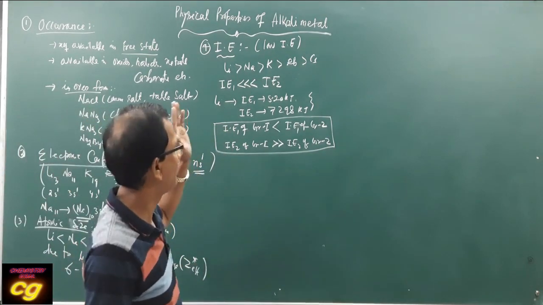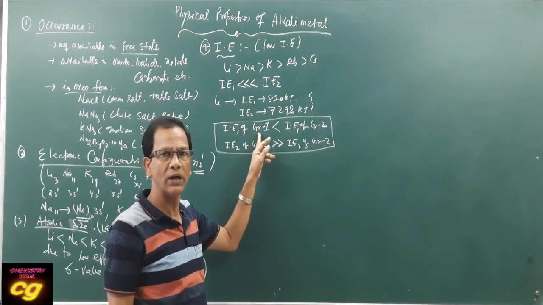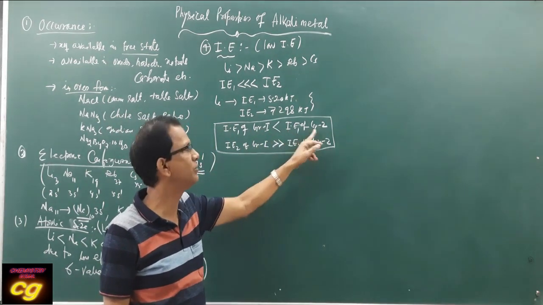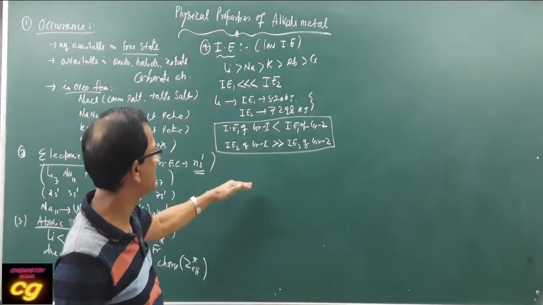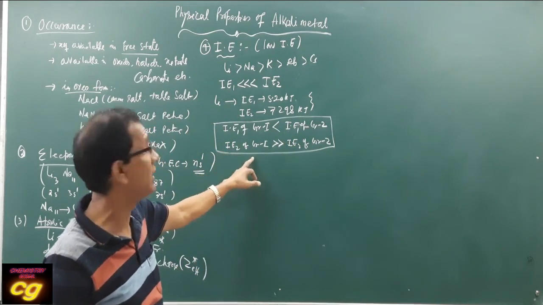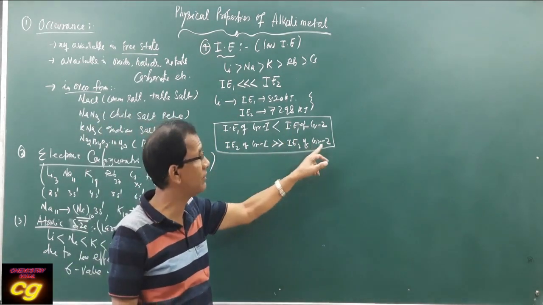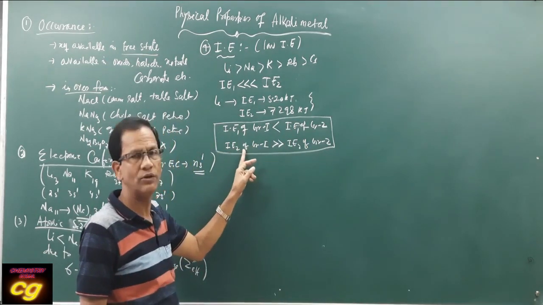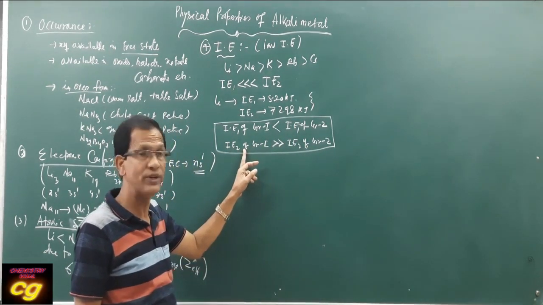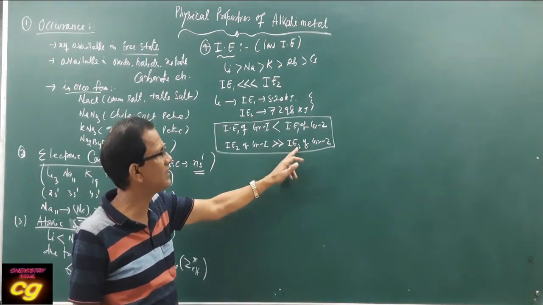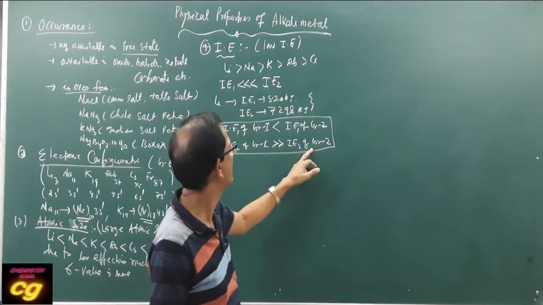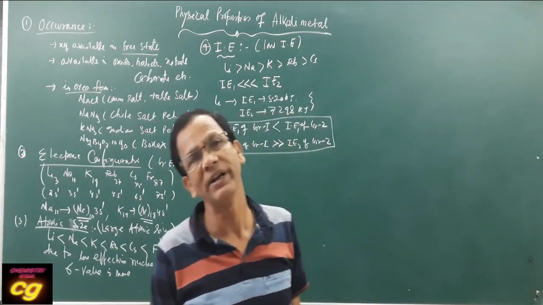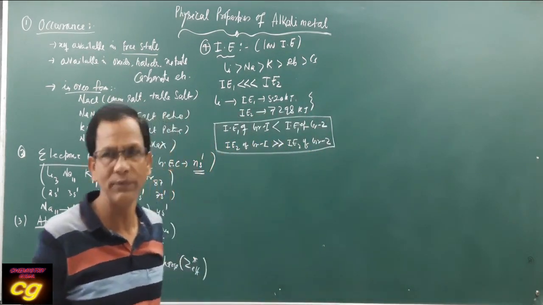The comparison is that the first ionization energy of group 1 alkali metals is less than the first ionization energy of group 2, while the second ionization energy of group 1 is much greater than the second ionization energy of group 2. This is because after losing the first electron, the alkali metal attains noble gas configuration, but after losing the first electron, group 2 becomes like alkali metals, with the configuration of alkali metals.